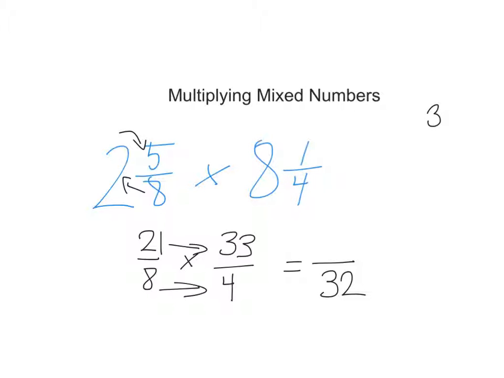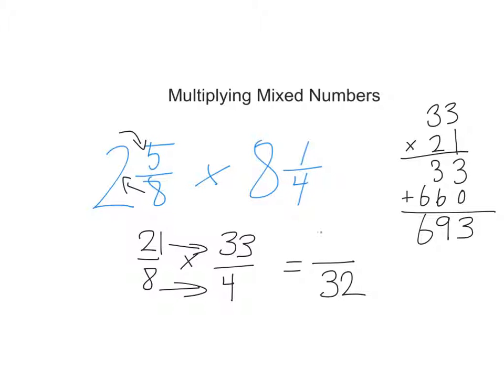And I'm going to use my strategy for multiplying my numerators. Looks like I'm getting 693. And now I am going to change back to a mixed number using my division.